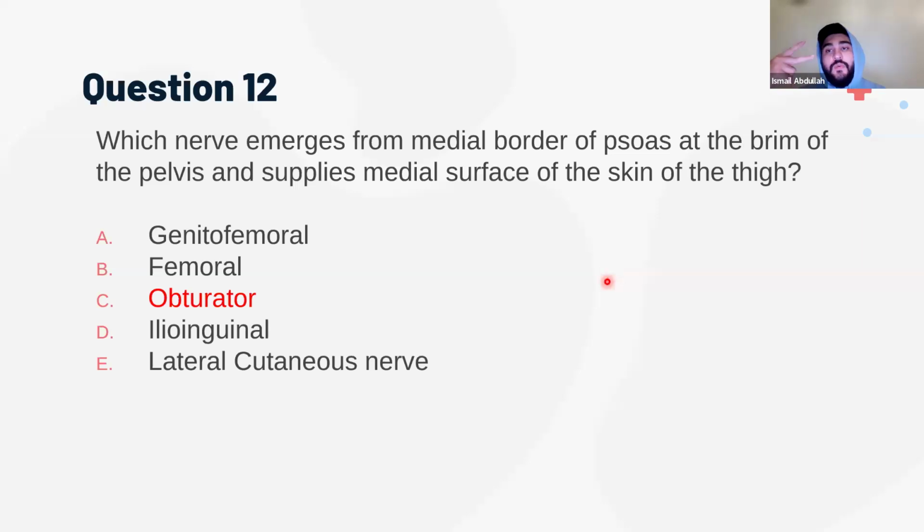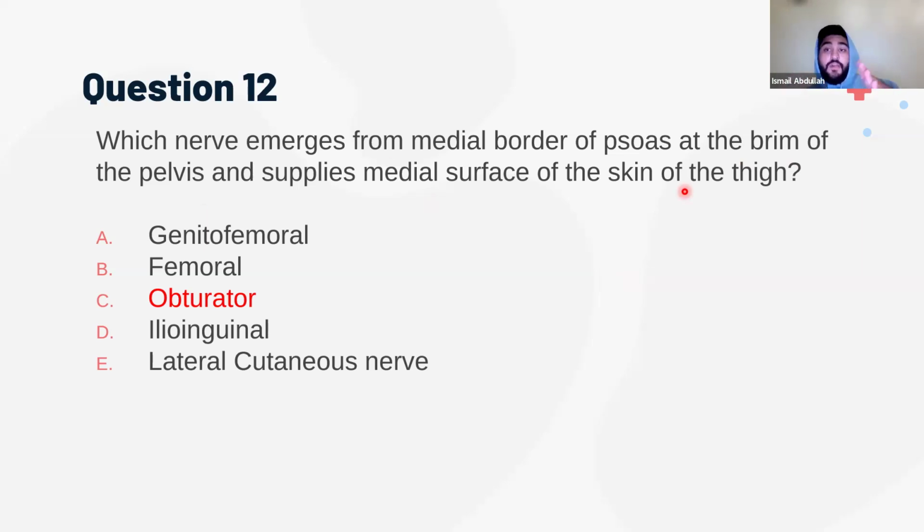So you have two ways to know that it's obturator, not genitofemoral. It says that it passes through the medial border of psoas at the brim. A brim is usually a keyword here. But it also supplies the medial surface of the skin of the thigh. For the skin of the thigh, you have the medial, the anterior, and the lateral.